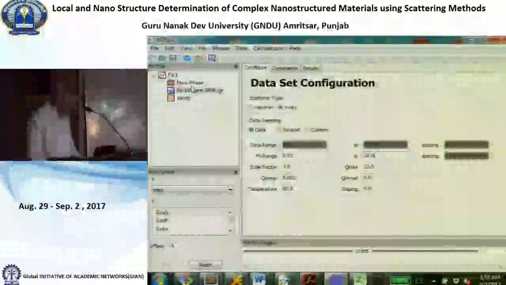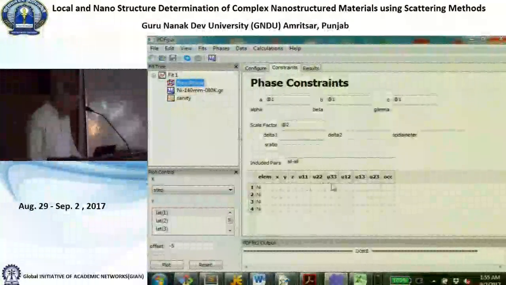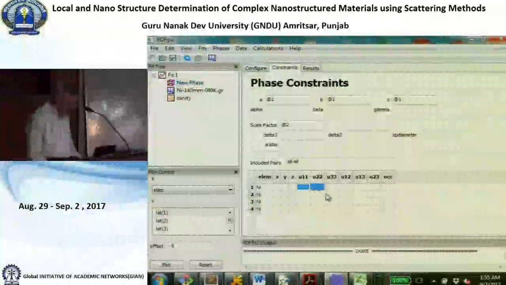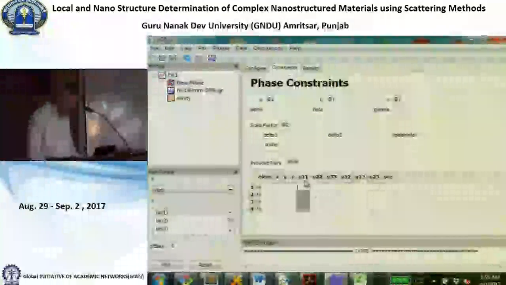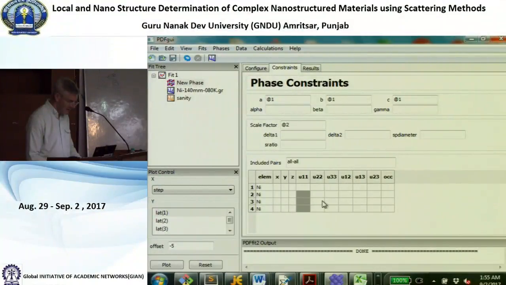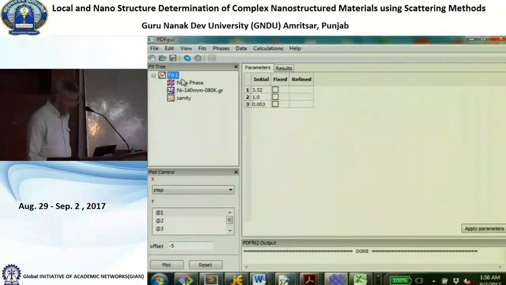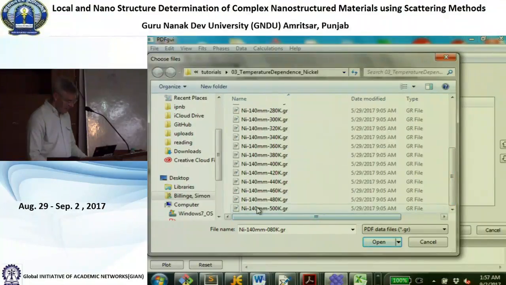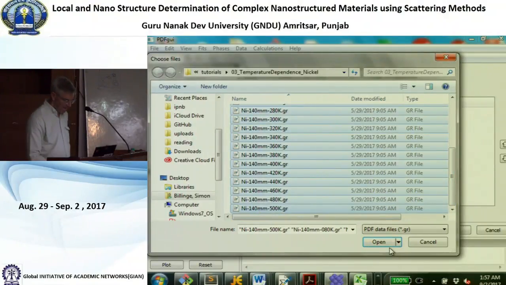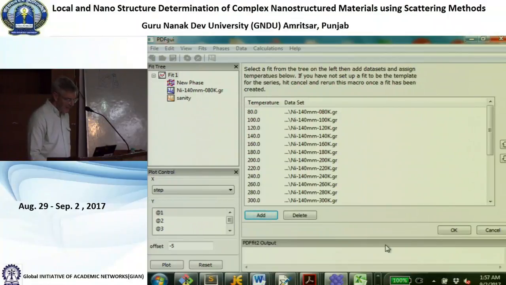I'll just leave those, and I'm going to do the ADPs, which are the thermal factors. So this I want to be at 3. Let's do at 3. So my thing has got 3. Add. And what I do is I select all of these guys, and I open them up like that.